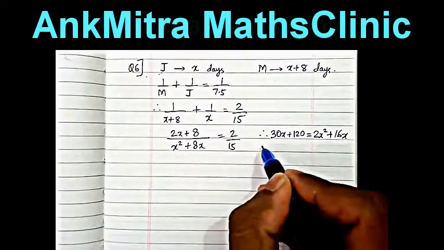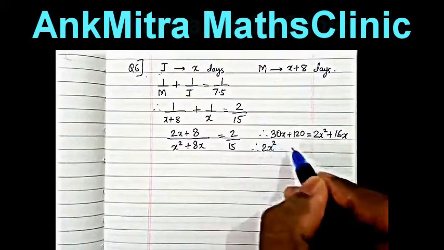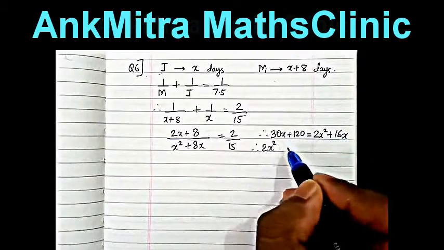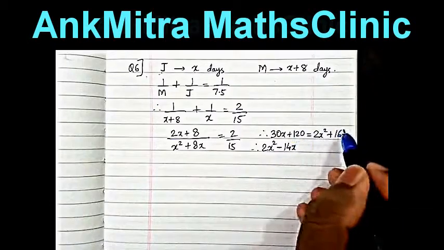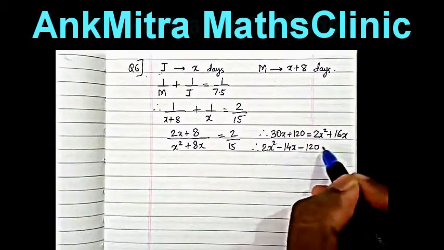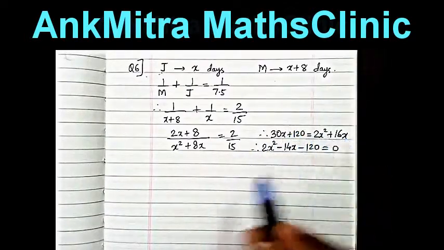So simplifying this we get 2x square, this 30x going to the other side we get 16x minus 30x, that is minus 14x. This plus 120 going over to the other side will get minus 120, and all this will be equal to 0. We have emptied one side of the equation.